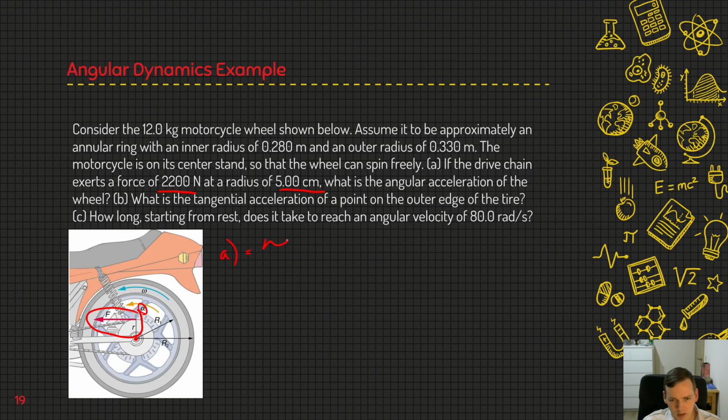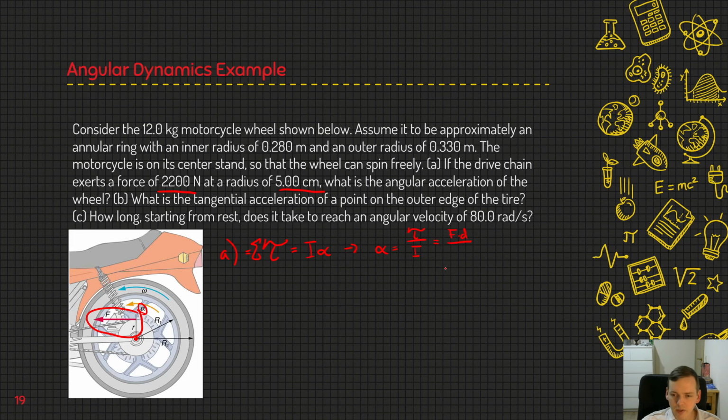Net torque is equal to I alpha, and we want to solve for alpha, so alpha is equal to net torque, which is the only torque we have here, divided by I. In this case the torque is the force times the distance.